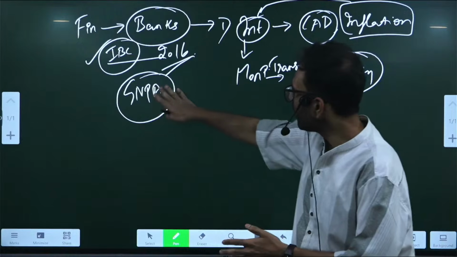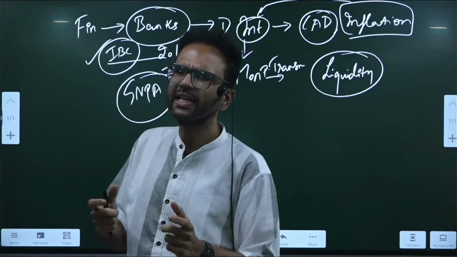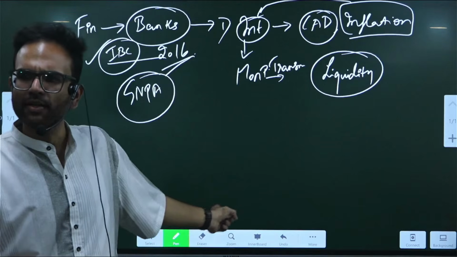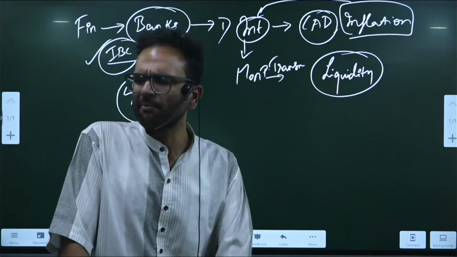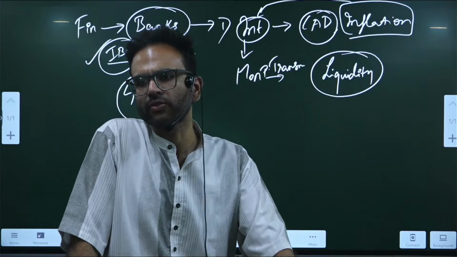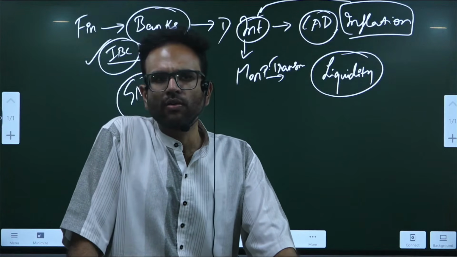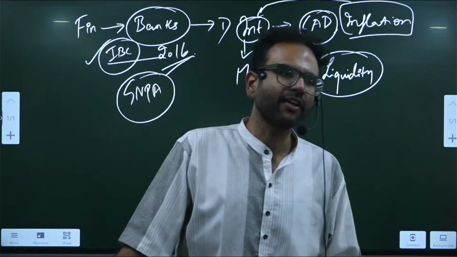So when you're talking about NPAs, let's try to understand the technical jargon of IBC that the survey is talking about. In an example, let's say there is a steel company. It took a loan of 100 crores. It imagined it will make much more than 100 crores. That's why it is taking 100 crores.